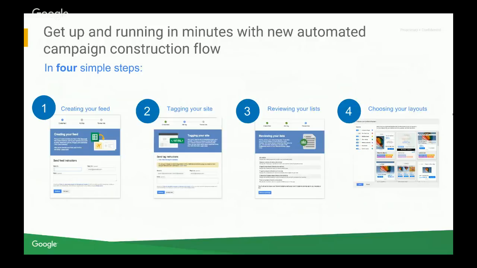It's very important to mention that these four steps are pretty automated, which means this wasn't implemented in our previous AdWords platforms. Now when you create a campaign, you are taken step by step through creating your feed and tagging your website, and once you've done those things, you review your automatically made remarketing lists.